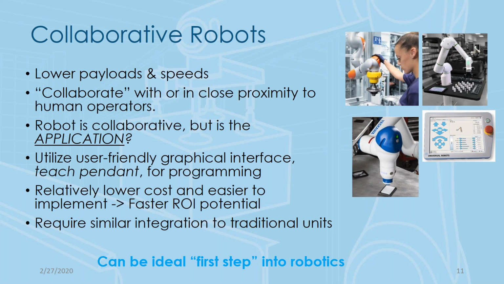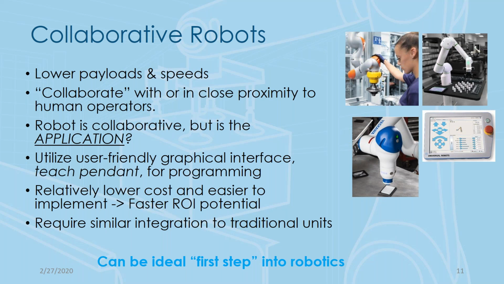Now, one key point that we want to stress is the robot is a collaborative robot, and it always will be. But the real question that you have to consider is: is your application collaborative? You're never taking a robot out of the box and using it as is. You're always adding end effectors. You're working with workpieces in a work cell with other tools and hardware. So that's really where the risk assessment comes in, and truly understanding how collaborative the application is.